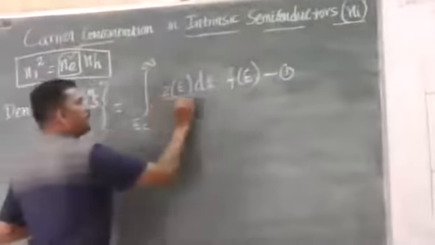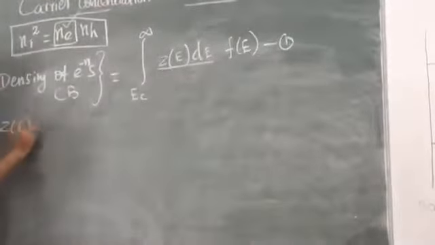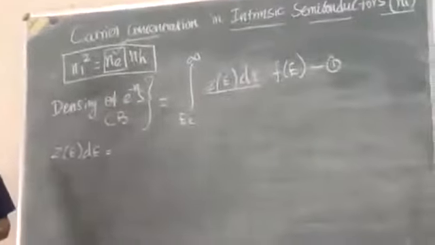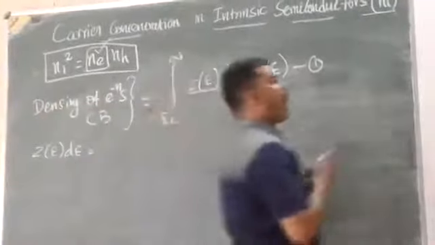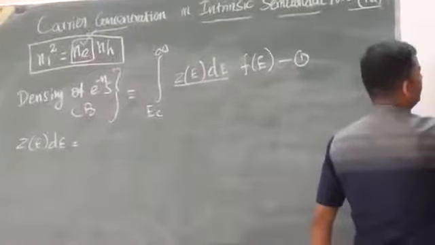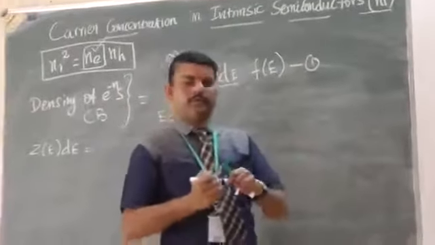And we need to know what is Z of E dE. Z of E dE represents density of energy states. We also need to know how many energy states are available in the conduction band energy level. That is called density of energy states.